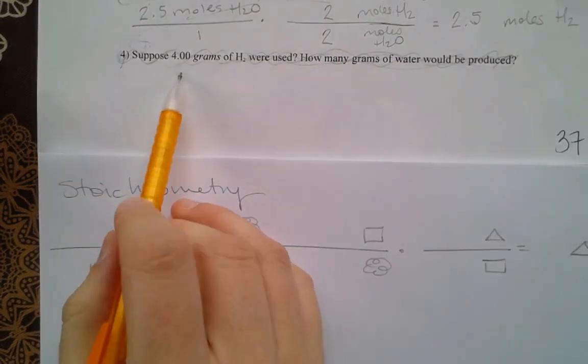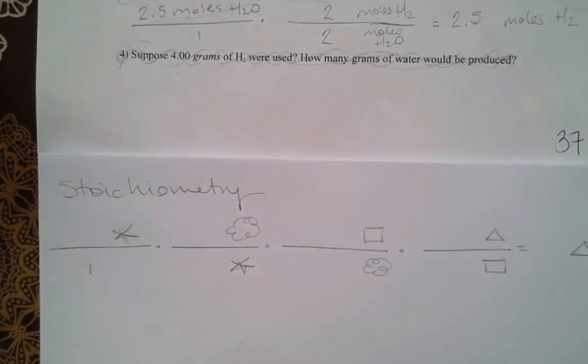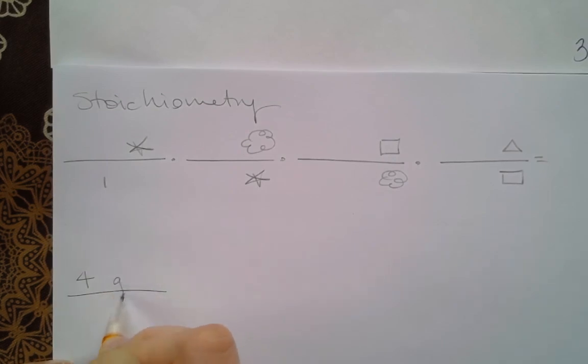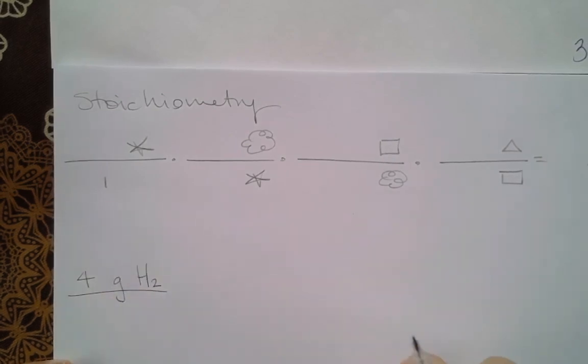Find your number. There's your number. So we've got 4 grams of H2. All of those things are important. The number is important, the unit is important, and the compound is important, because we'll use all of them along the way. That's our number, that's our starting thing over 1.